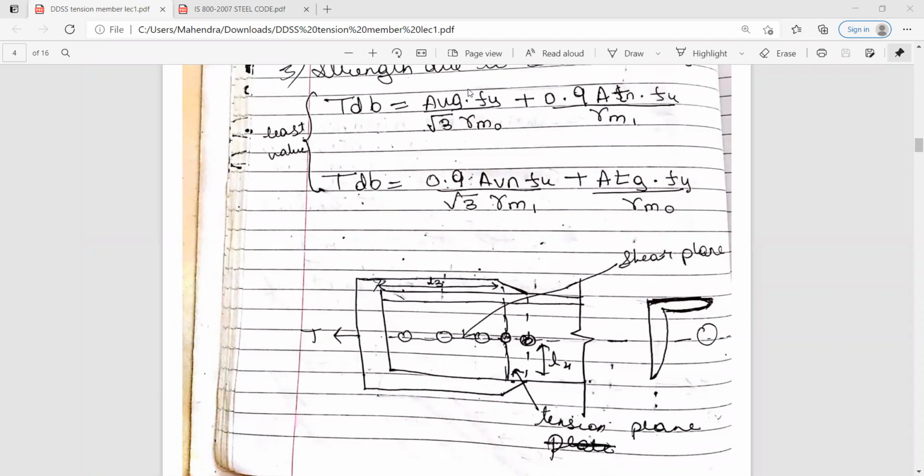Okay, completed. No need to note down the formulas, they are already in your IS code. Just for your reference, draw this diagram and note down where the tension plane and the shear plane are.